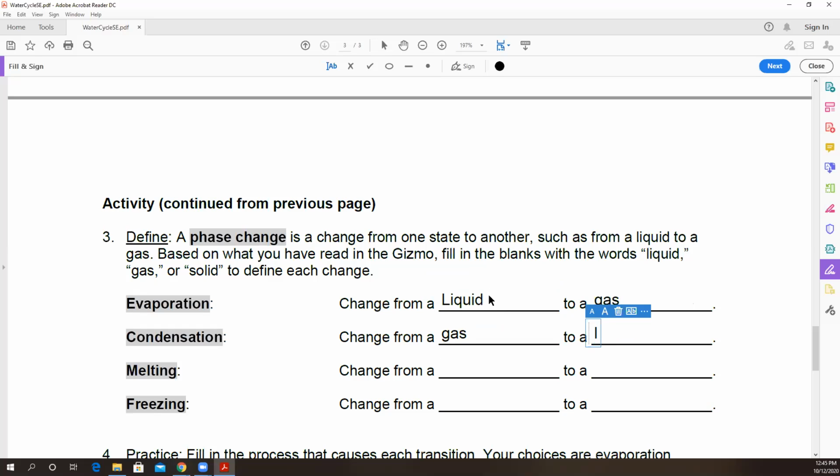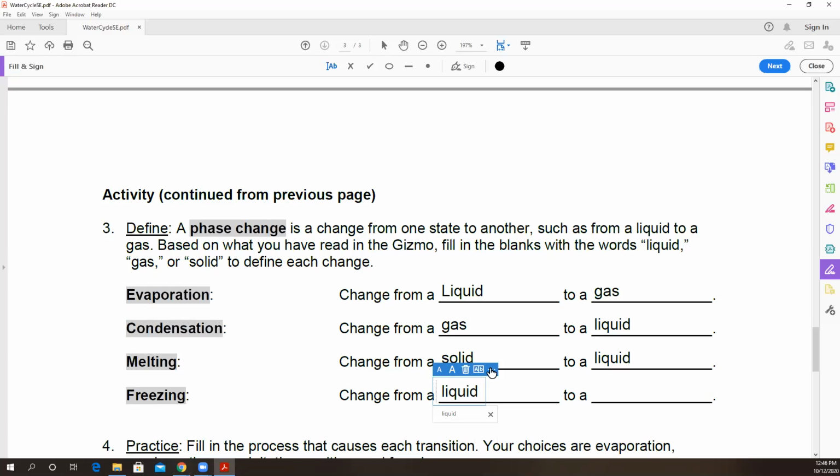Very good. Leon, what about melting? From a solid to a liquid. Asen, what about freezing? It's a liquid to a solid. Liquid to a solid. Perfect.